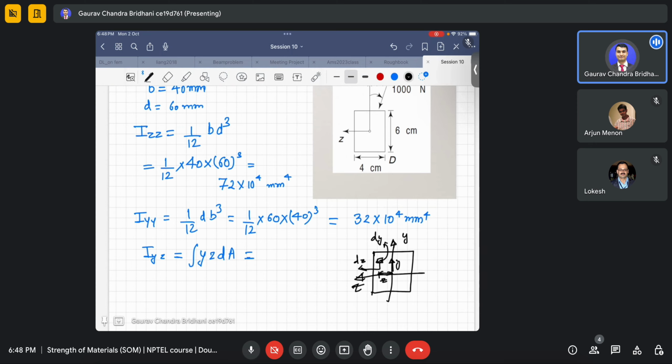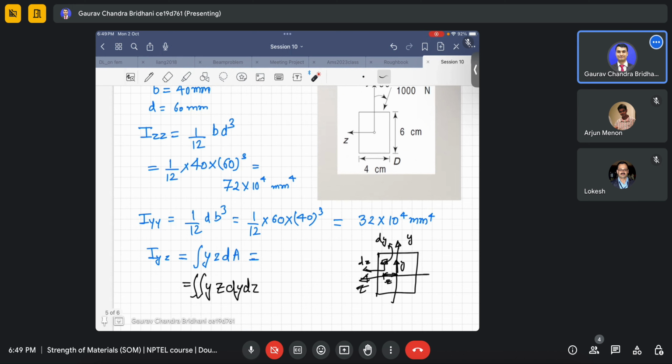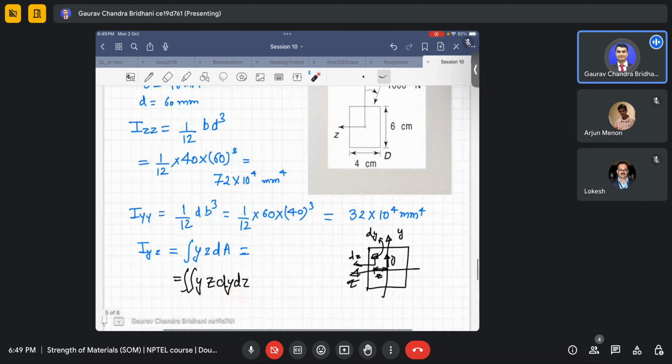That small area is dy into dz. So we say yz dy dz, and it's a double integration, not a single integration, because here it is a dA, so I have changed the dA to dy dz.